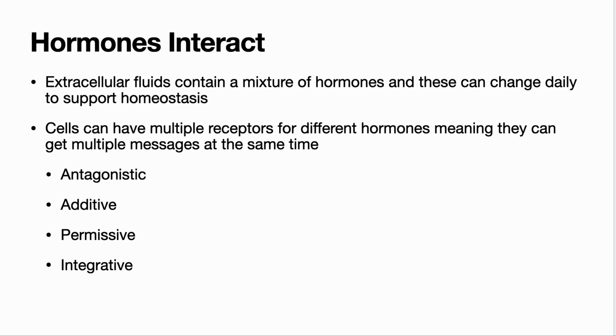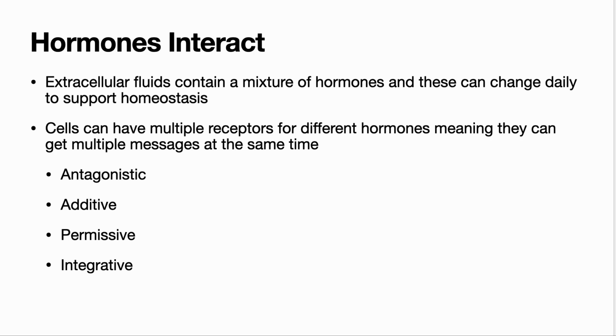Each cell in your body can have multiple receptors for different hormones. And so all cells are not exhibiting the exact same receptors. They're going to have different combinations of receptors that will respond to particular sets of hormones based on the functions and needs of those cells.